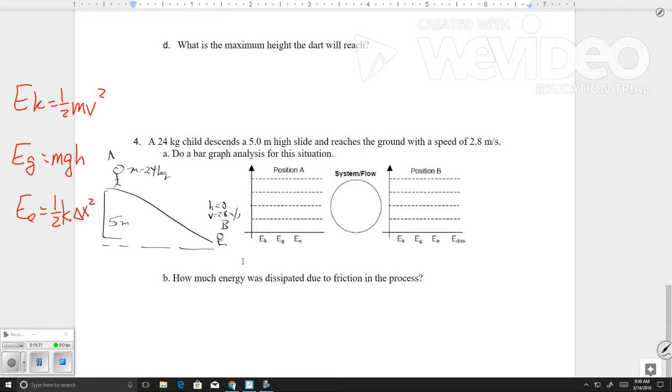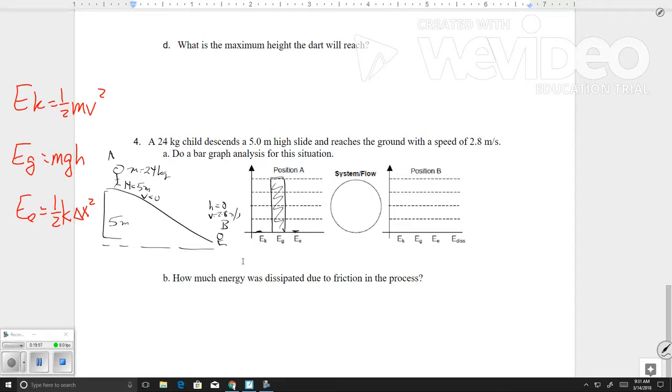That's supposed to be an m and an s here. So up here, height is equal to 5 meters, velocity equals 0. In position A, velocity 0 means 0 kinetic energy. No elastic condition here, so that's 0. We'll just make the entire graph gravitational energy.